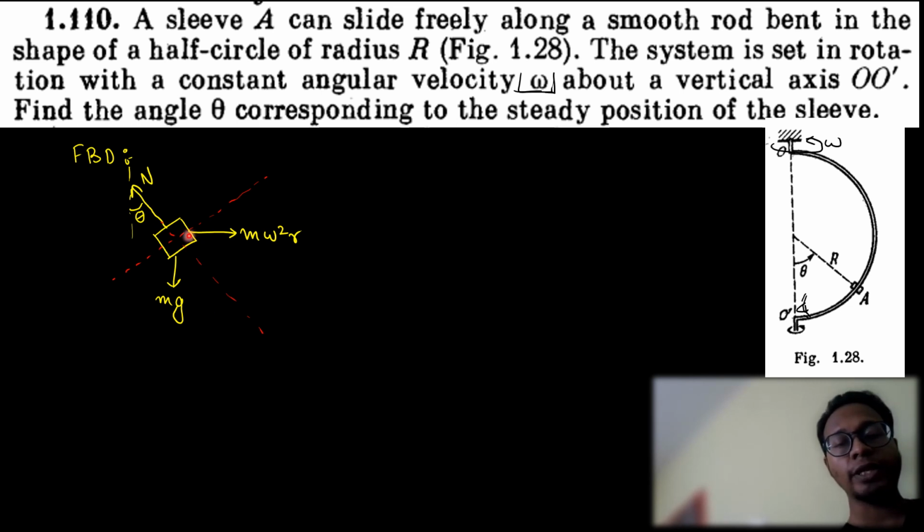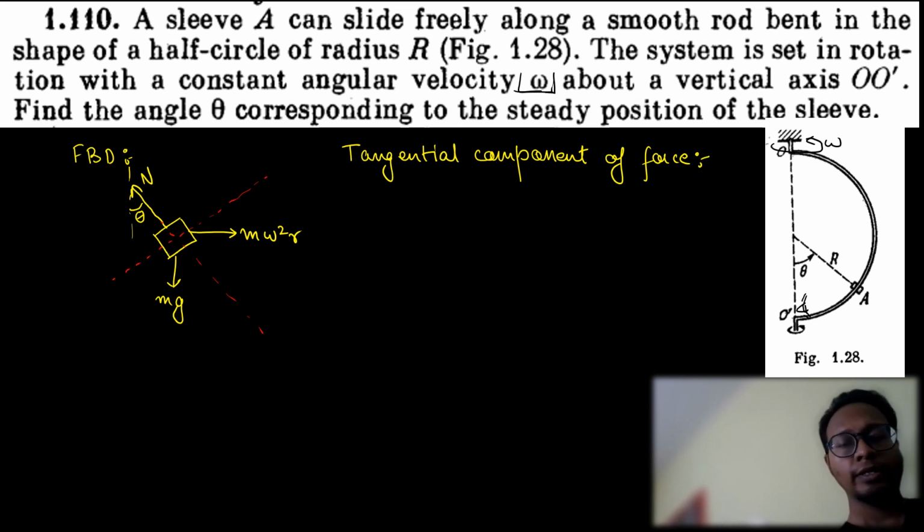So at equilibrium, the component of the m omega square r centrifugal force along this line would be equal to the component of the mg force along this line, because the net tangential acceleration is equal to 0. The ring is neither sliding up nor down in the tangential direction. So when tangential acceleration is 0, the tangential component of force is 0.